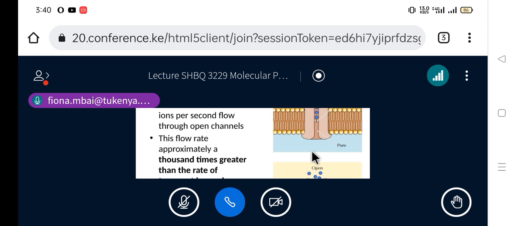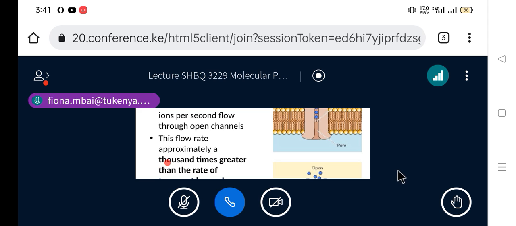Okay, so I'll take you back to what we did before. Transport through channels is very fast. You have the closed formation and moving materials through, and then when the channels open, you get the materials coming through.